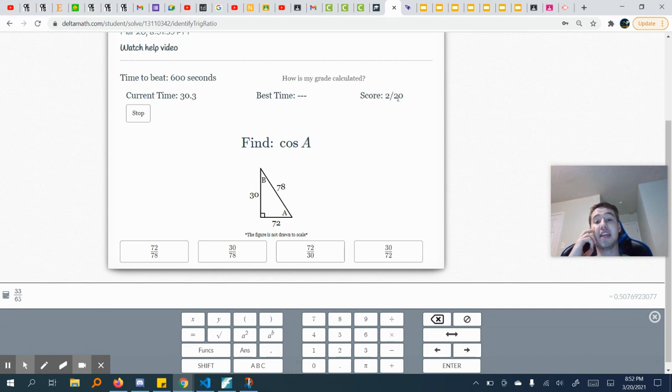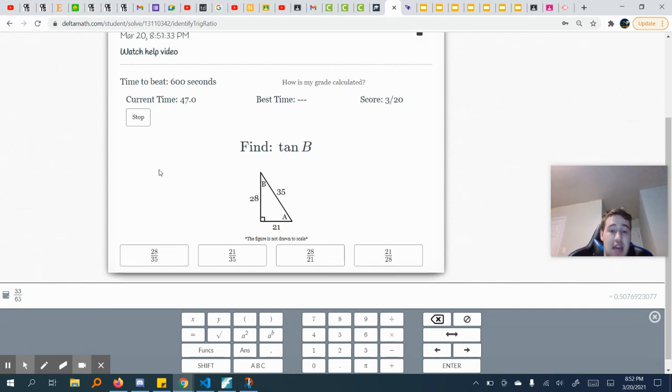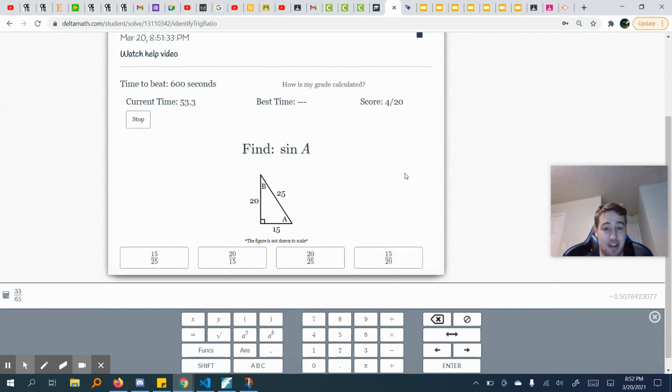But be very, very careful when you're clicking these because you need to get 20 of them right in order to advance. So be very careful. Cosine A is going to be adjacent over hypotenuse, so 72 over 78, and then etc. As you continue on, you're going to identify some of these, and eventually you'll be okay.